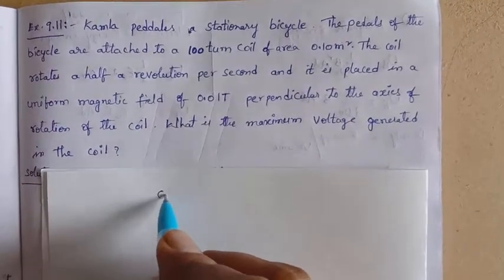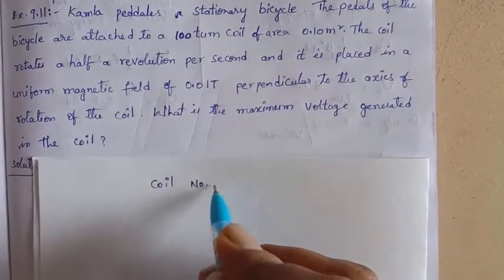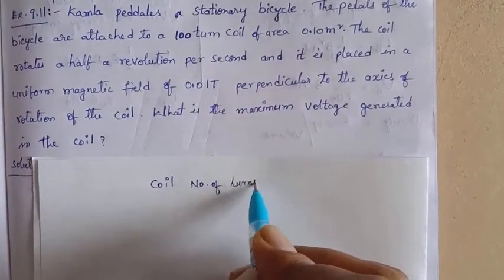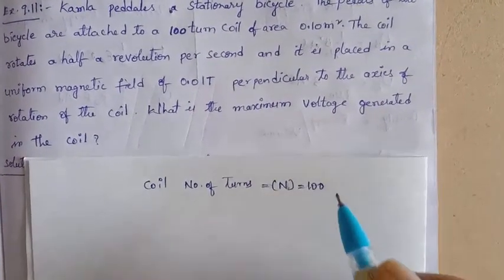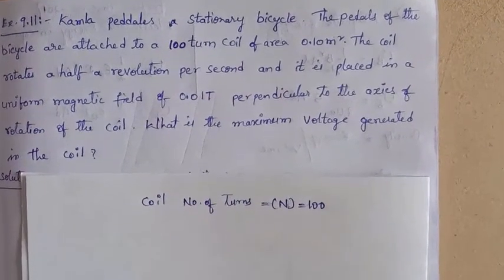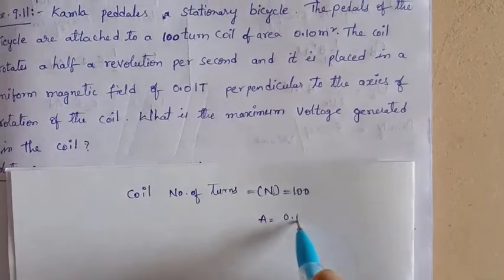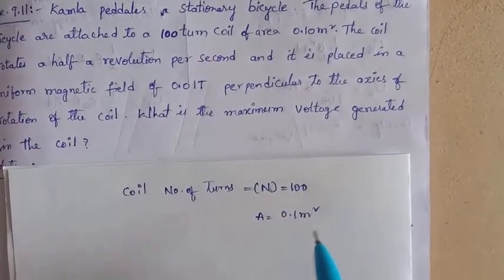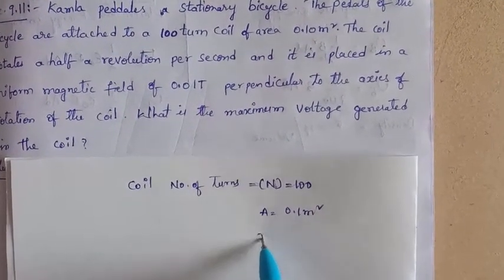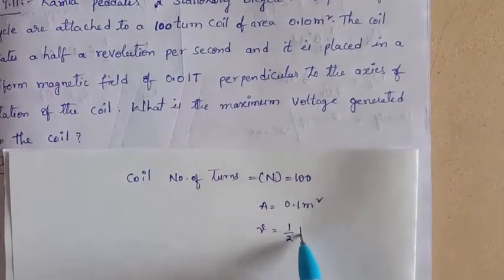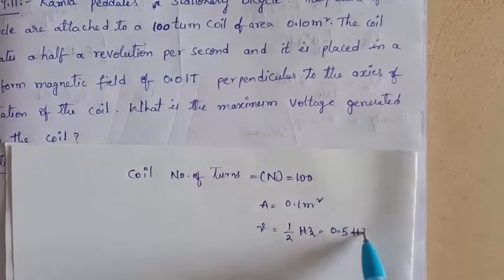So the number of turns, capital N, is equal to 100, and the area is equal to 0.1 meter square, and the coil rotates half a revolution per second. That means frequency is equal to half Hz, that means 0.5 Hz.